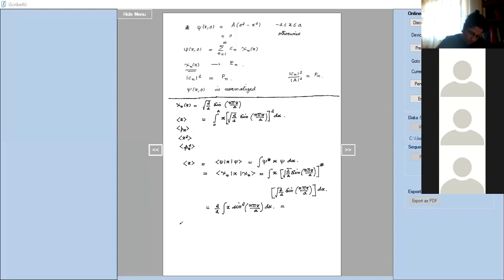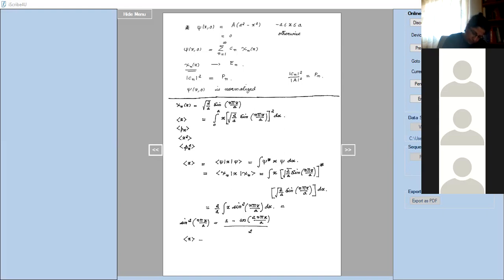Okay, so the way I solve it, of course, is I take sine square of n pi x by a equal to 1 minus cos of 2n pi x by a, divided by 2. This is essentially what I do, and then it solves out quite easily.